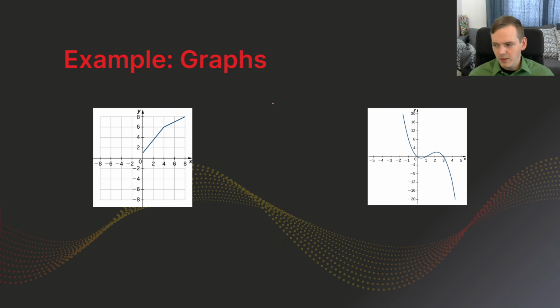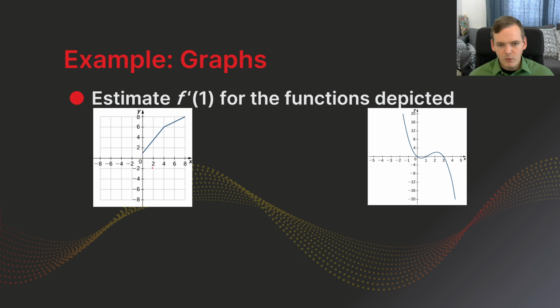If we want to find f prime of 1 for the functions depicted, we just have to look on the graph here. So f of 1 is right here. The difference quotient, or the average rate of change, will be the slope of this line right here.